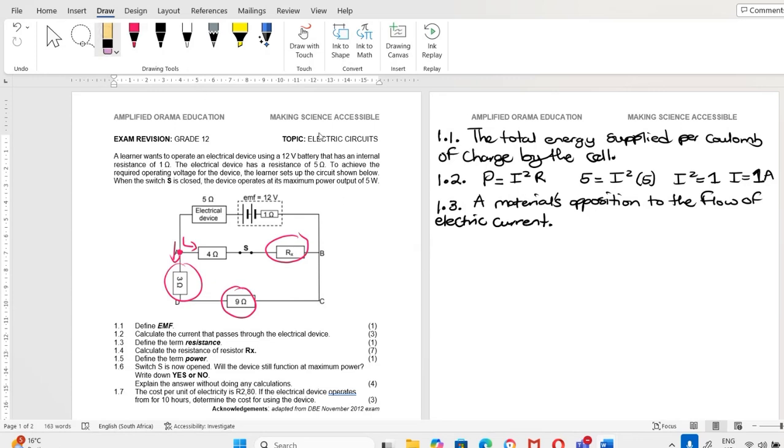All right, let me just consistently use the black pen. 1.4 data given is the EMF, which is equal to 12 volts. We have the little r, which is equal to 1 ohm. We have the resistance of the device, all right, which is 5 ohms.